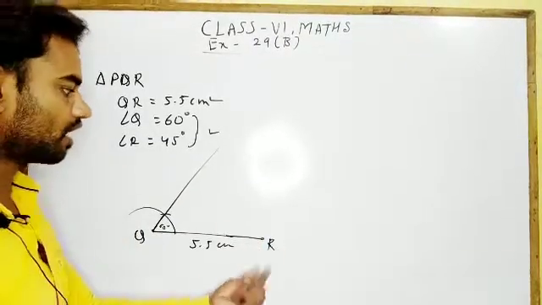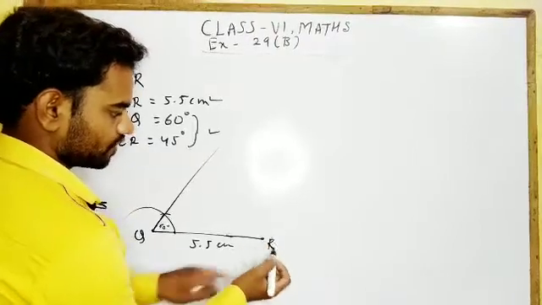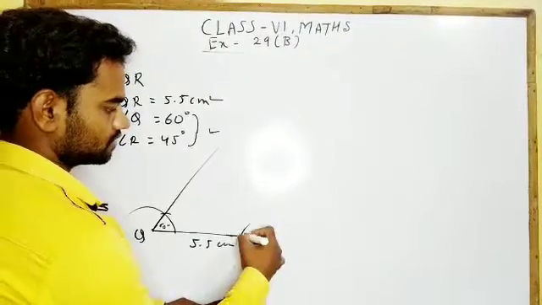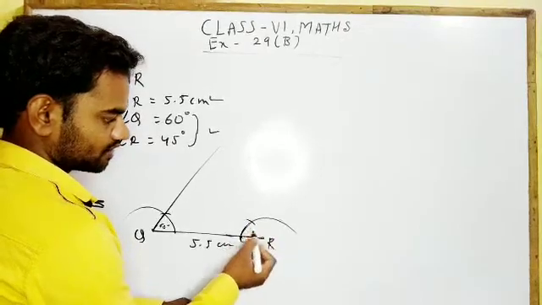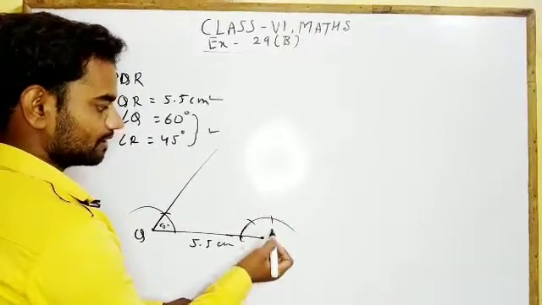Similarly at the point R, angle 45. In order to draw the angle of 45, place the pointer here and draw an arc, then draw an arc again, this will be 60, and again 60, so 60 and 60 is 120.